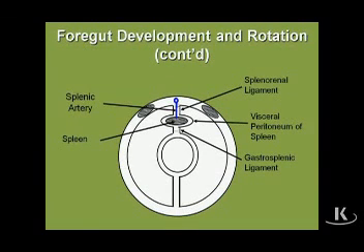And this diagram now shows why, based on embryology, the splenic artery could not be any place other than in the splenorenal ligament, and indeed that's where it is.